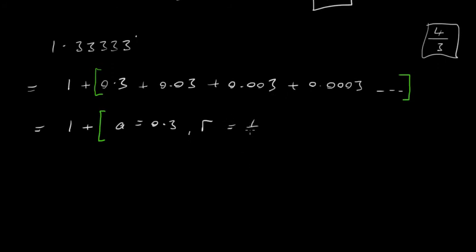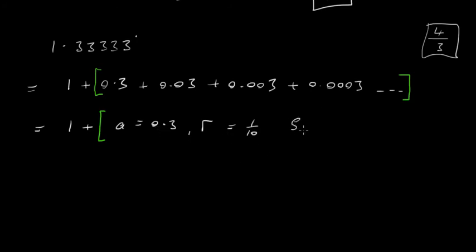Well, it's just going to be 1/10. If we multiply this by 1/10, we get 0.03. Multiply this by 1/10 or divide by 10, we get 0.003. Divide this by 10, we get 0.0003, and so on. So really this here is the sum of an infinite geometric series where a is 0.3 and r is 1/10.